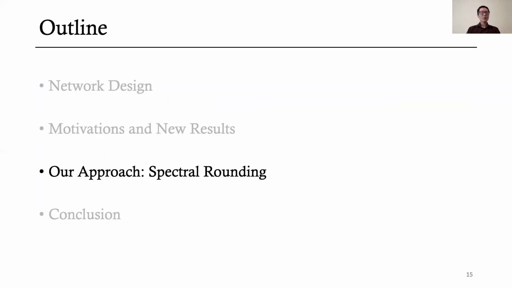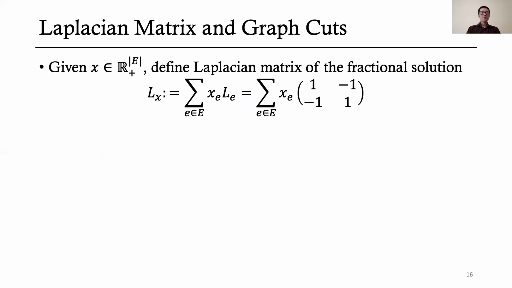Okay, then let's move on to talk about our spectral approach to achieve all these results. First, let's recall some properties of the Laplacian matrix. Given a fractional solution x, we define the Laplacian matrix of the fractional solution as the sum of x_e times L_e, the Laplacian matrix of H_e.